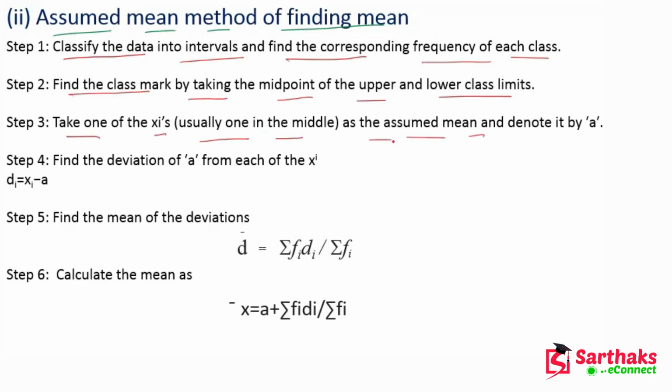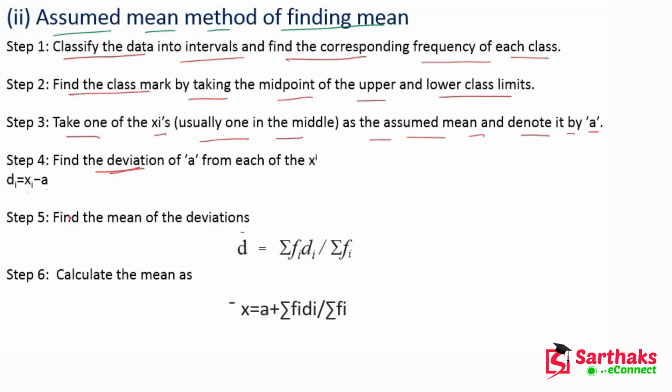We denote it by a. Now we have to find the deviation, which is equal to xi minus a, means we subtract x1 minus a, x2 minus a, x3 minus a, step by step.